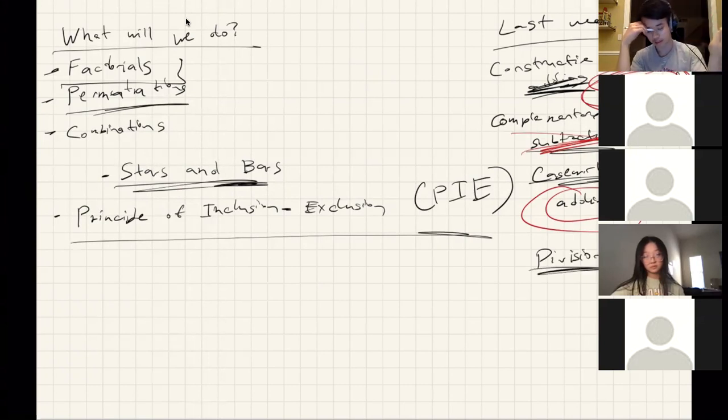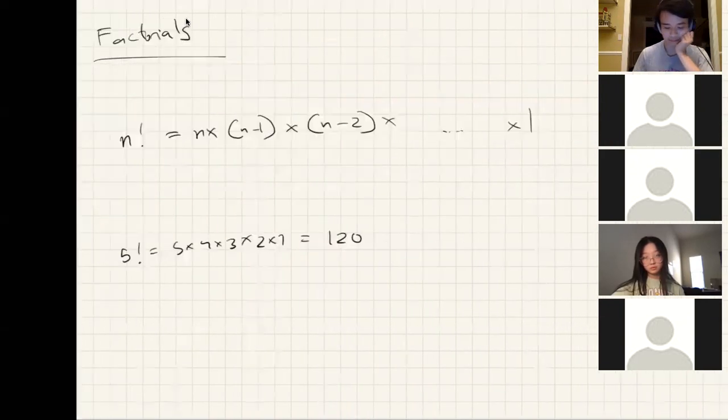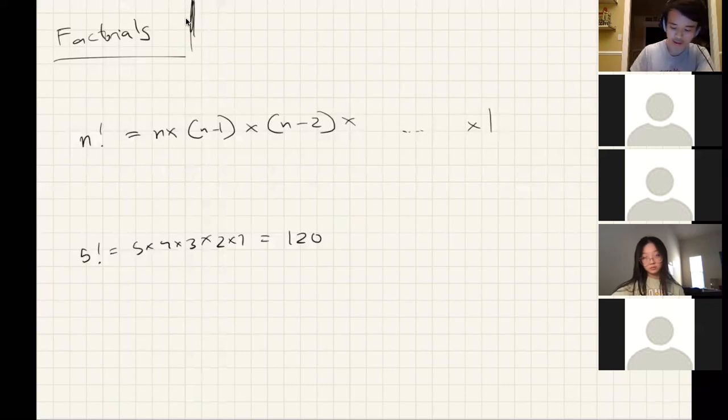Division is also a big part of counting, where you know that every single thing is overcounted a certain number of times. So you just divide by that and you get something where everything you want to count is counted exactly once instead of overcounted. So, on to factorials.